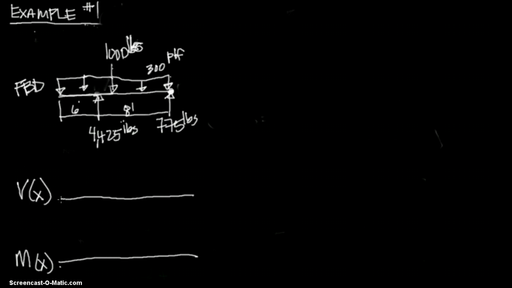So you could start here at 0 and go down, or you can start here and go up. But what it is you start here, and you have to know that it's 0. Actually, let's start over here. And then it's going down, and what you need to know is that distributed loads will go down at an angle.